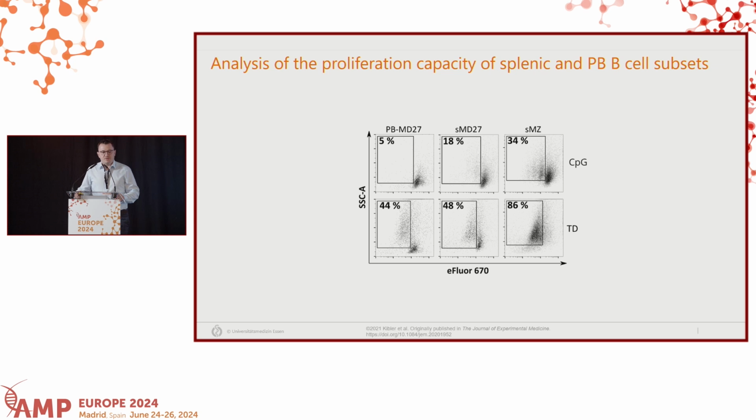In the upper row, you can see the proliferation capacity in response to the TLR9 ligand CpG. And in the lower row, we used a typical stimulation condition which is used for B cells, consisting of a stimulus that triggers the B cell receptor signaling in combination with CD40 ligand, the main signal that B cells receive from T cells, for example, during the germinal center reaction.